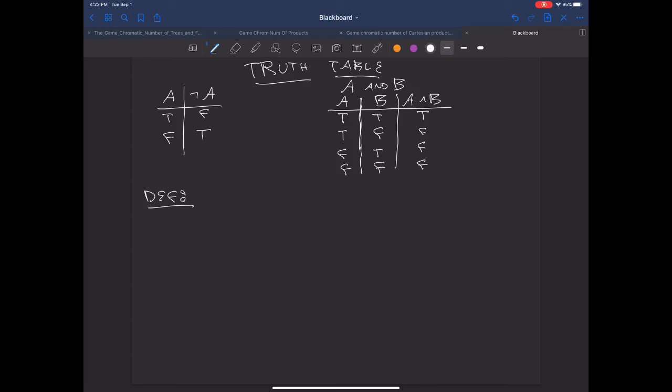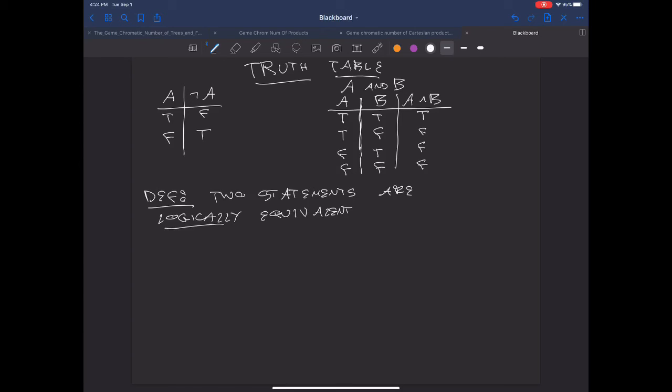Just like we have ways of combining statements, similar to how we combine numbers with various operations, there's also the same thing as an equal sign between two numbers. Two numbers are equal to each other if they represent the same quantity. Well, we say that two statements are logically equivalent instead of equal.